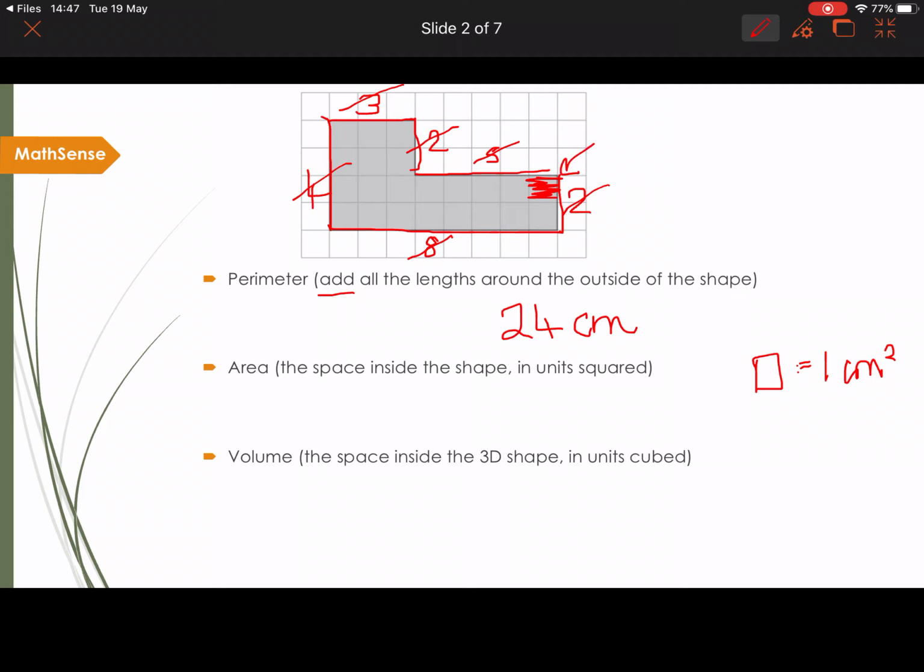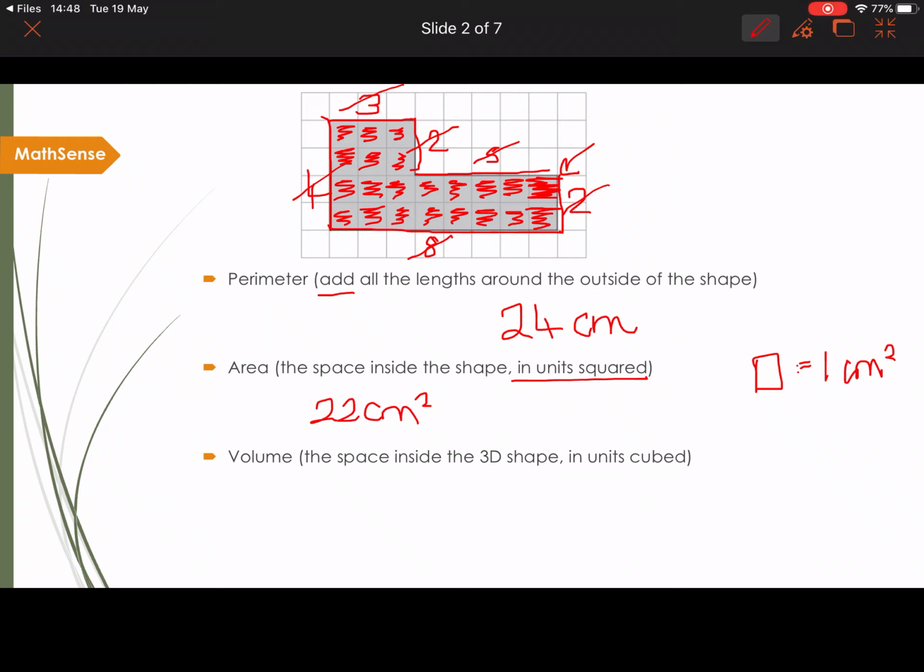So that's 1, 2, 3, 4, 5, 6, 7, 8, and I keep going like that until I count them all. 13, 14, 15, 16, 17, 18, 19, 20, 21 and 22. Now this is in units squared, so I write 22 centimetres squared.